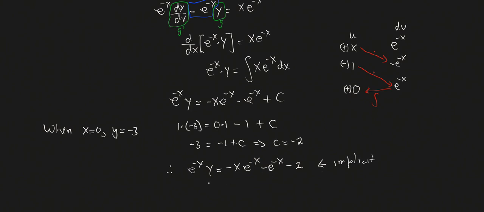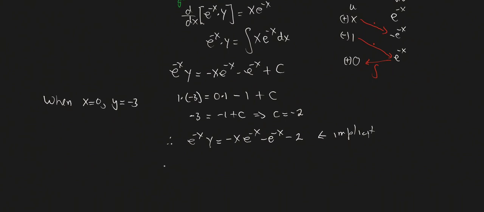If we wanted the explicit, it's a simple process, and that's one of the benefits of the linear equations: you can go from the implicit to the explicit simply by dividing by, in this case, e to the -x. So y becomes -x minus 1, and then I have -2 over e to the -x, which I will rewrite as -x minus 1 minus 2 e to the positive x.